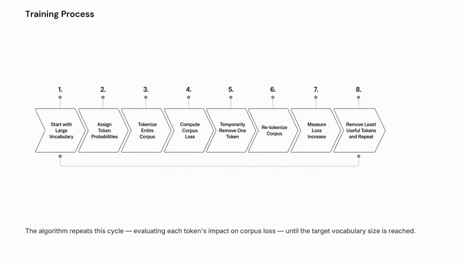If the loss increases, it means the token was important and we can't remove it. And if it doesn't increase much, we can remove it. Generally in each run we remove about 10% of the vocabulary, and we keep continuing this process until we reach our desired target vocabulary size.